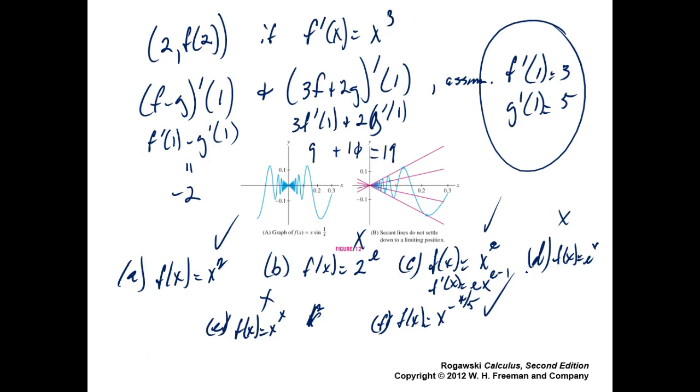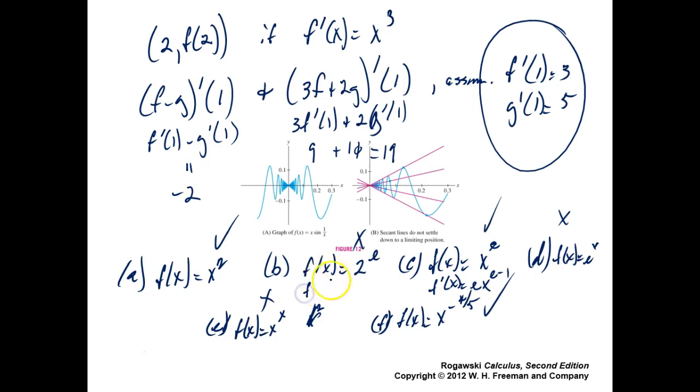What did they get? They said B? Did I write it wrong? They were wrong. Well, okay. No, they're wrong. Okay. B, power rule does not work. Okay, is that what you're saying?